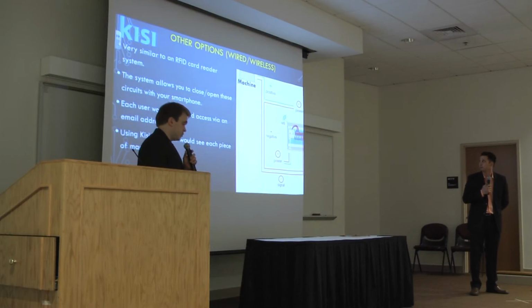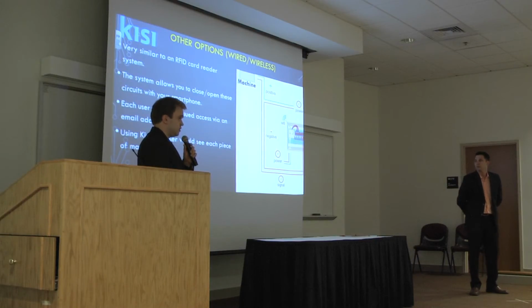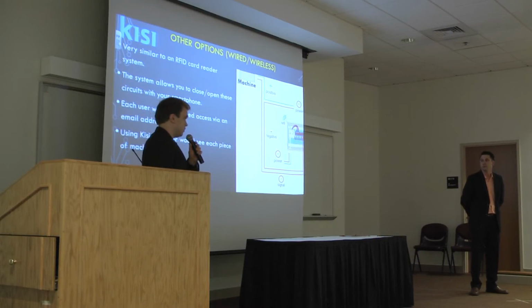There was one extra option we looked into, and it's provided by Kisi, K-I-S-I. It's a wired and wireless kind of system. Basically, it's like the RFID card access control system, but instead of the cards, it uses your smart cell phone, basically an Apple or an Android, to open or close the circuit to the equipment.